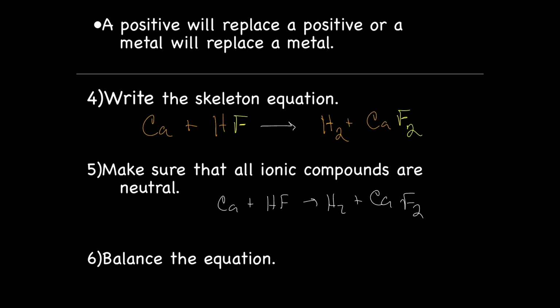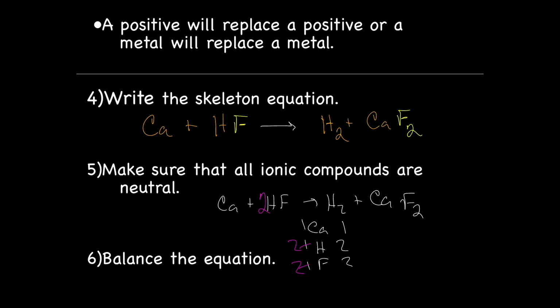All right, so Ca, H, F, we have 1, 1, 1, 2, 1, 2. All right, so to make these balanced, what do we need to do? Our Ca's look good, H is not, so we'll put a 2 in front of HF, giving us 2 H's and 2 F's, and I think we fixed it.